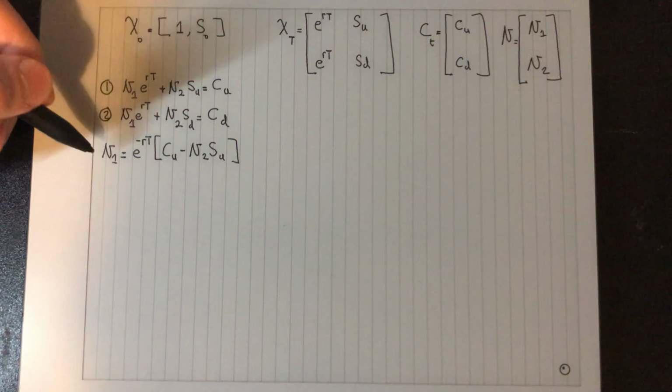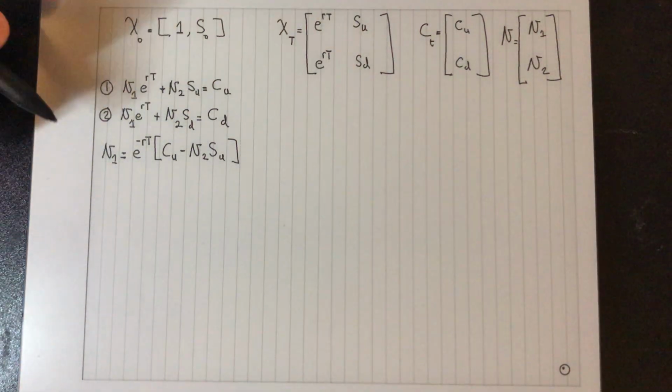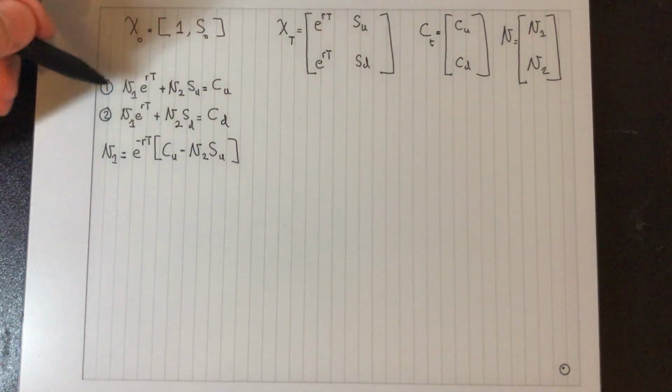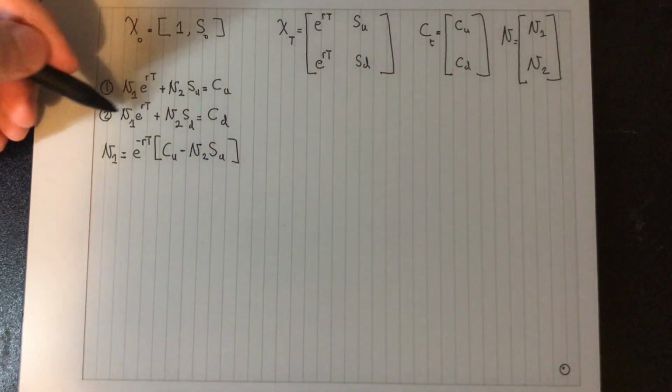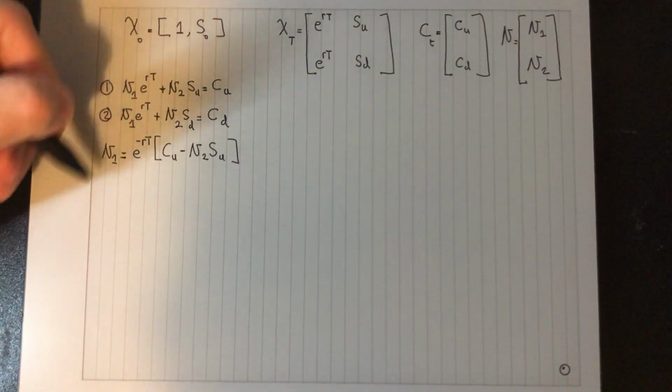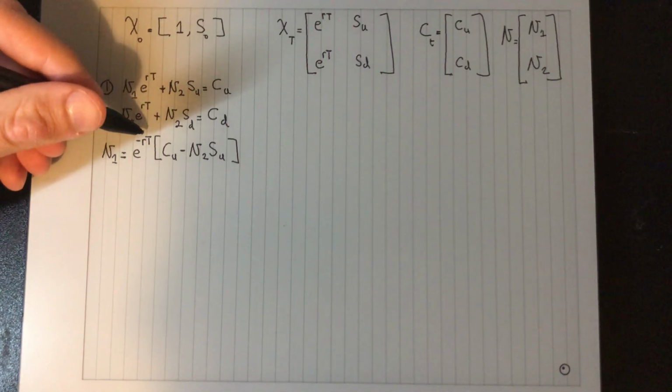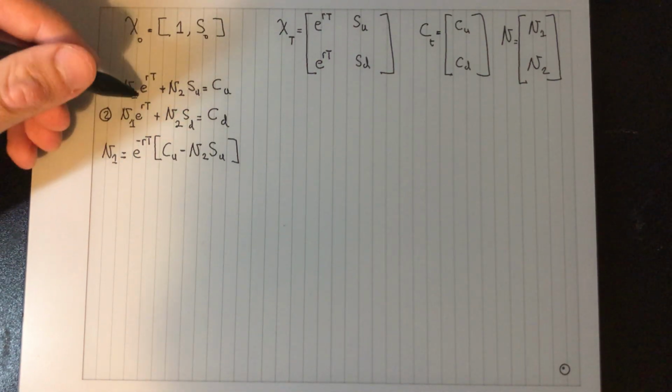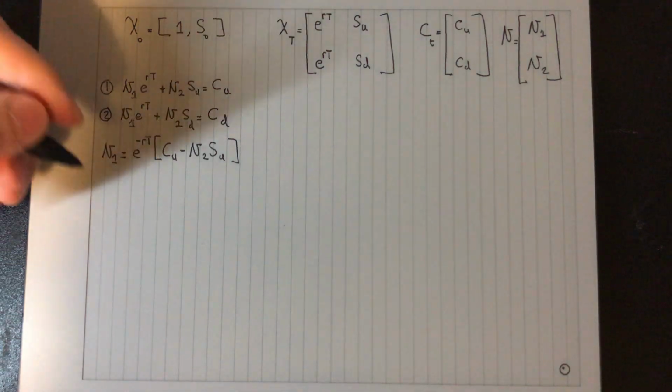So let's figure out what is N2. To do so, we'll just simply substitute the representation of N1 in terms of N2 in equation 2. By substituting this part in here, what we simply get is that the e^(-RT) and e^(RT) cancel out.